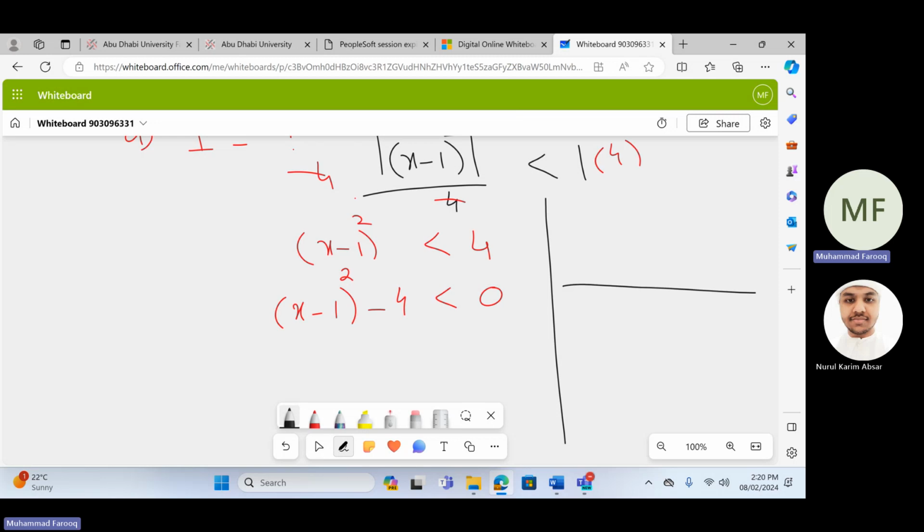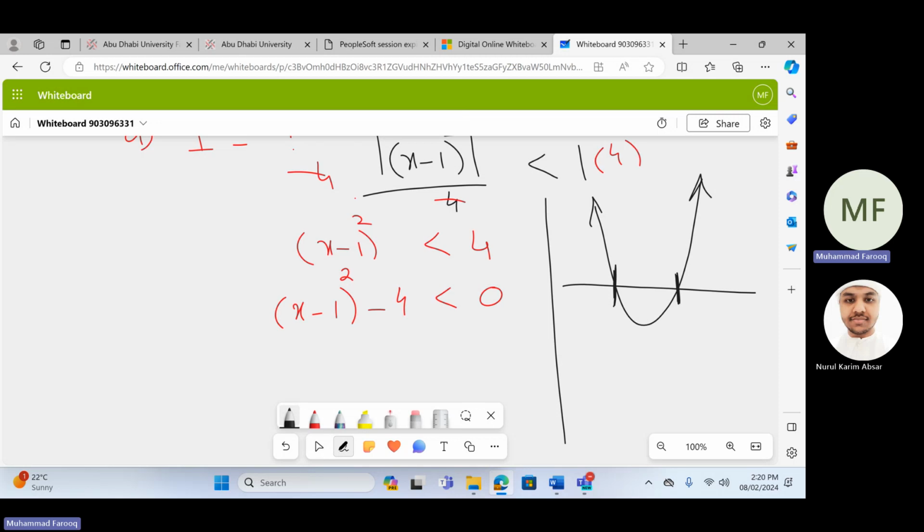So look here, is the parabola concave up or down? Very good, up. Here I need the x values, this and that.